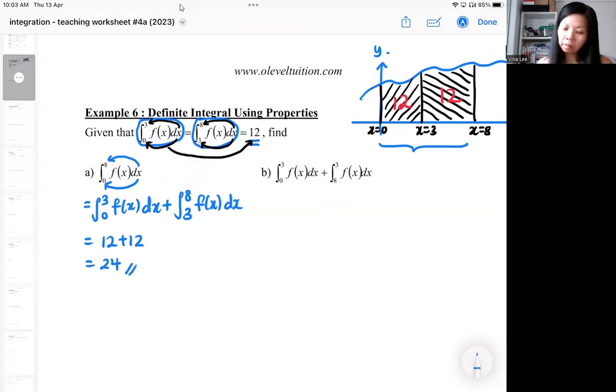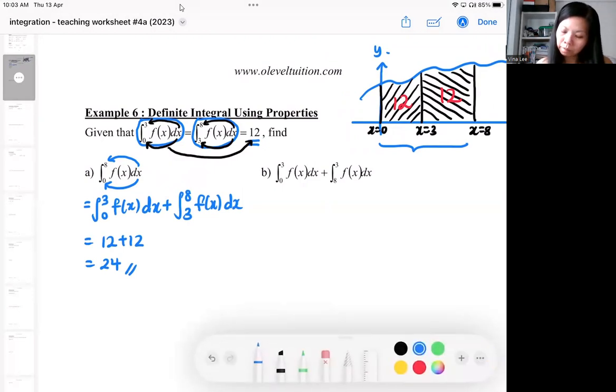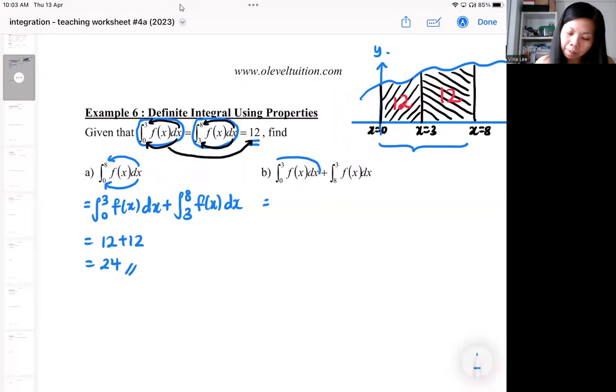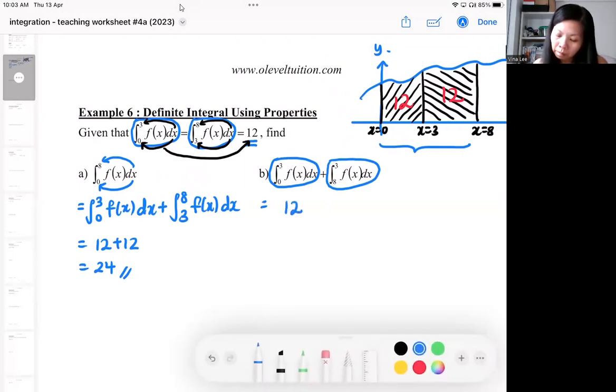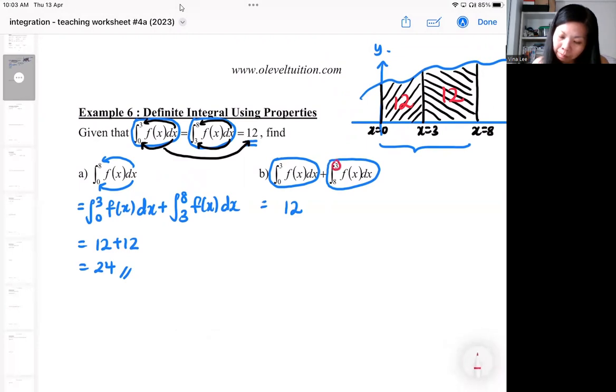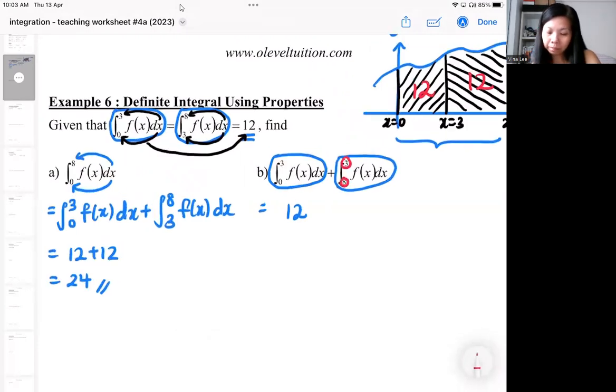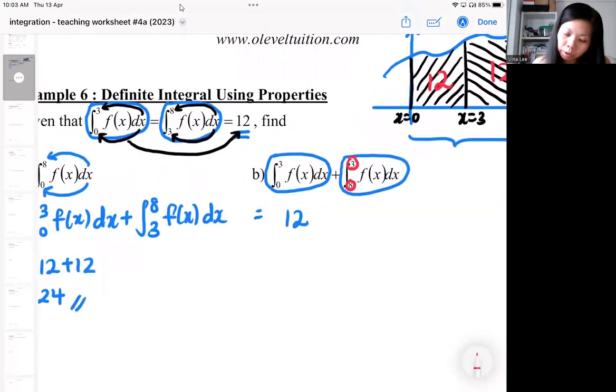Okay, and then let's go to the second part. Now for the second part, we have two pieces of area that you will need to add up. For the first piece of area, that is already 12. But for the second piece, do you remember that the big number has to be on top? So I need to change the position.